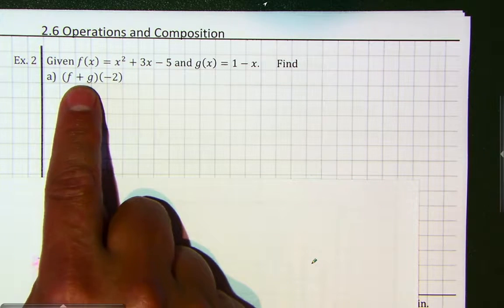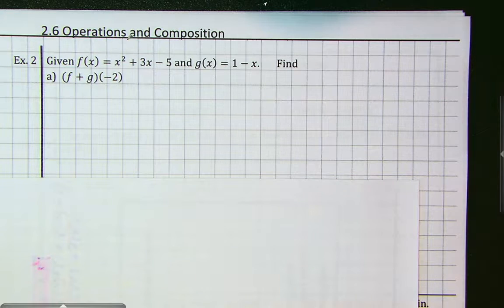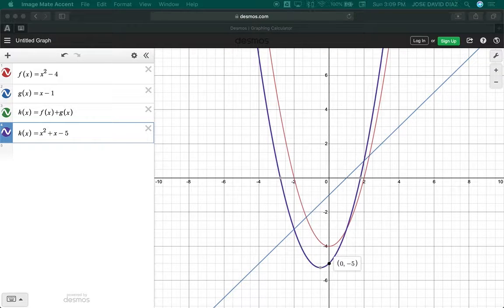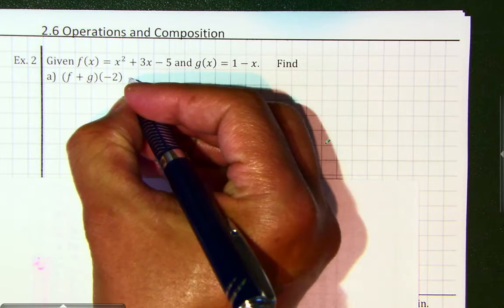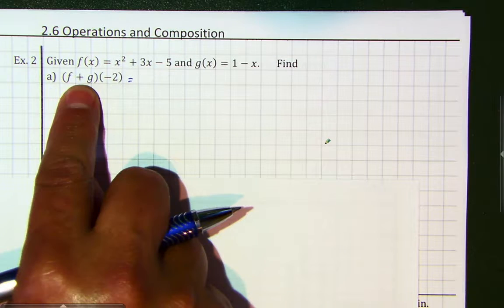So remember that we need to be able to add both functions, and you need to make a decision, because we have two different options to add them. First, we can add the functions first.